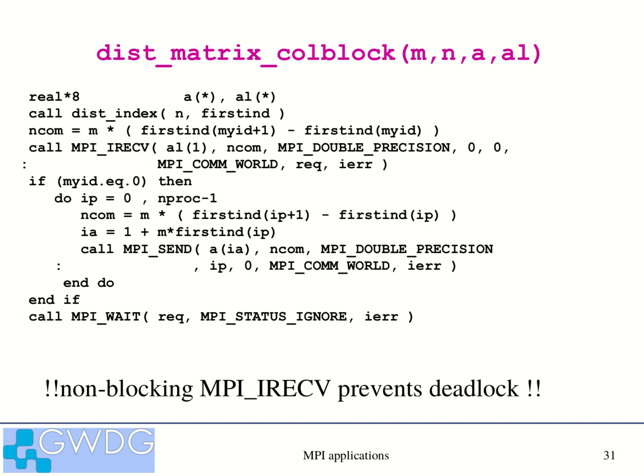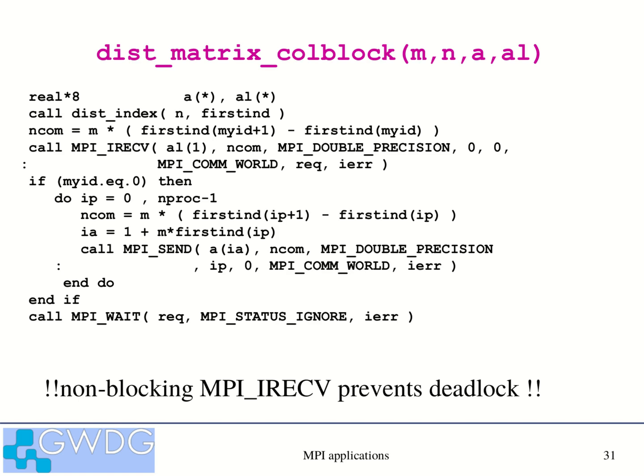matrix. And you see, I used here the I receive because I have also the sending of process 0 to itself. If I used the receive directly, I would have a blocking situation.